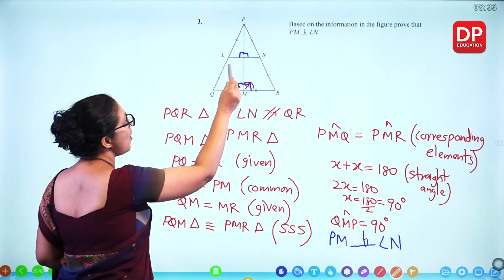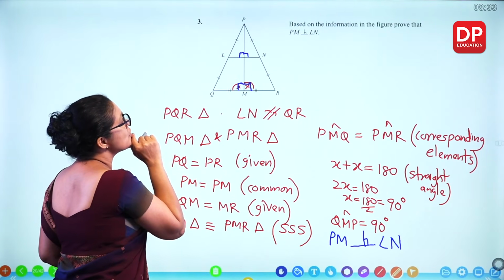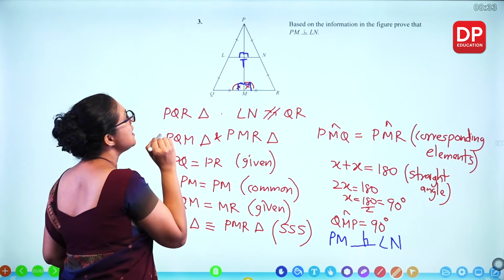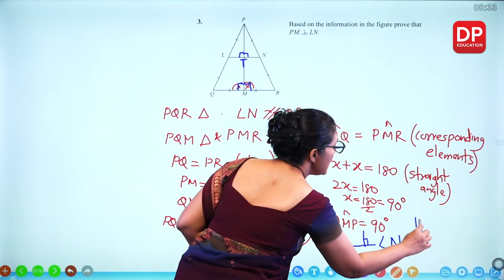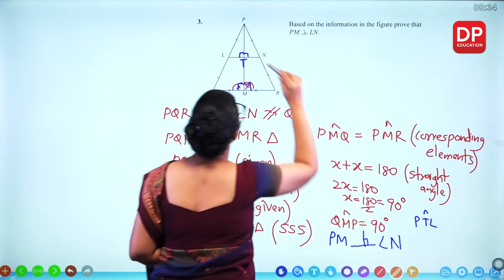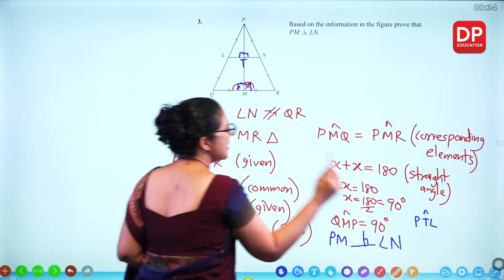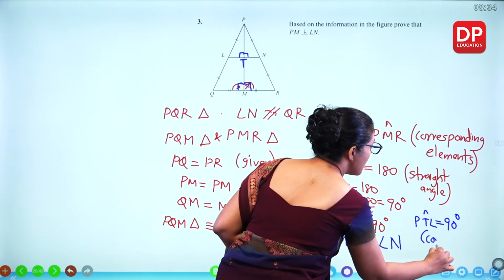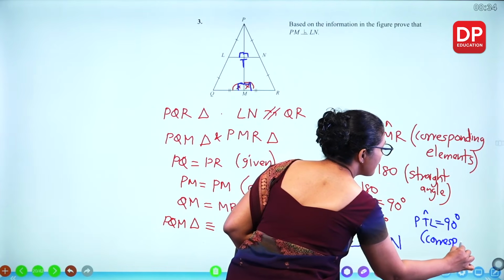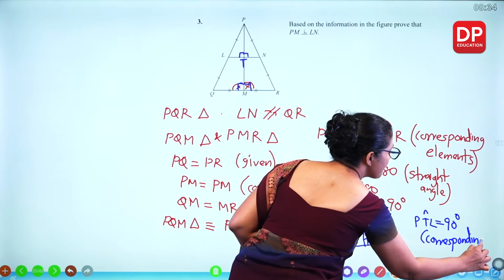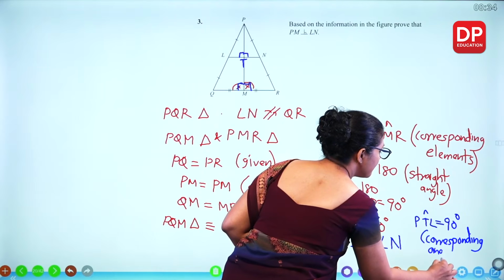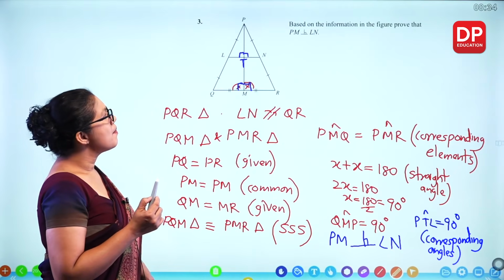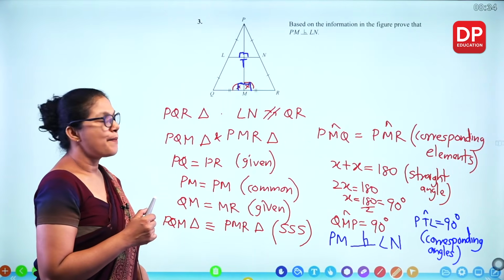So we'll write down why this angle also. We'll put another letter, PTL. PTL angle is equal to 90 degrees because of corresponding angles. So that's how we can prove that the two lines are perpendicular.